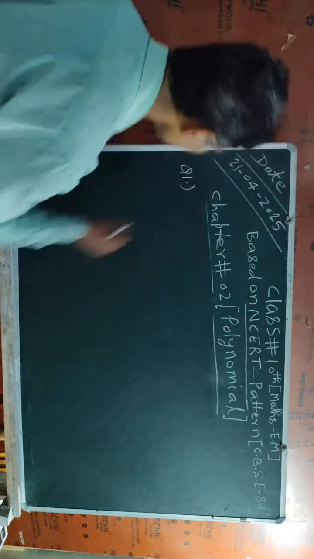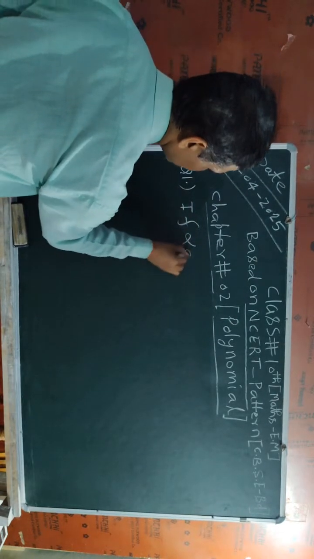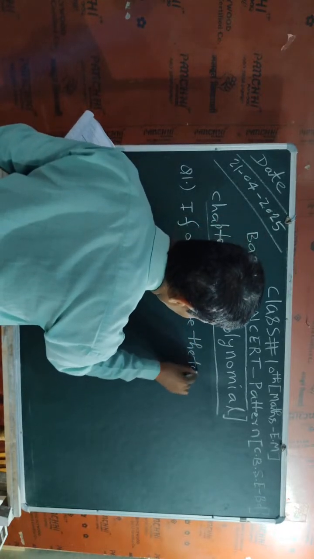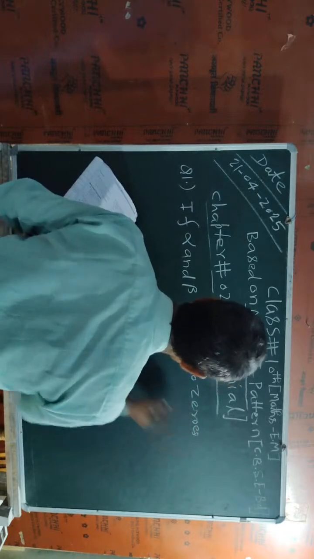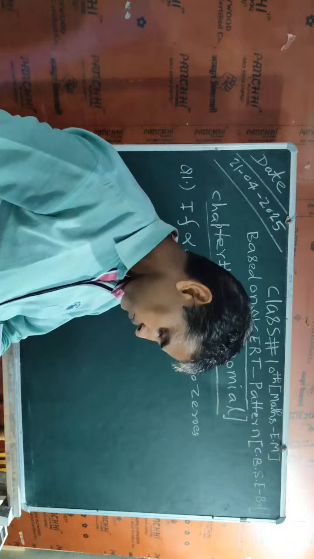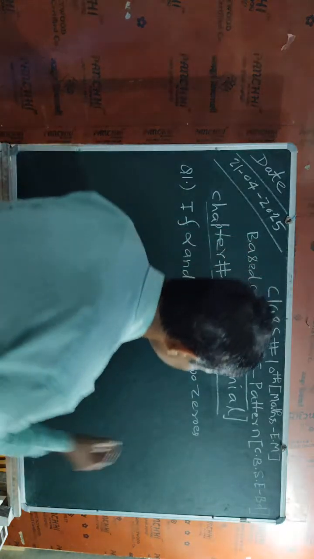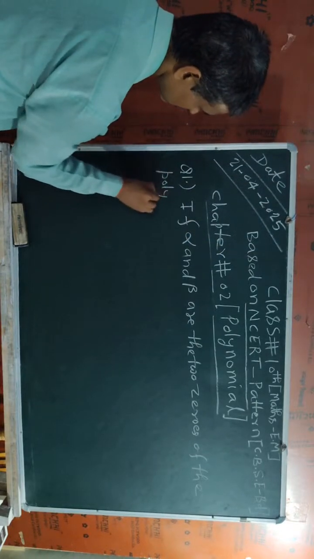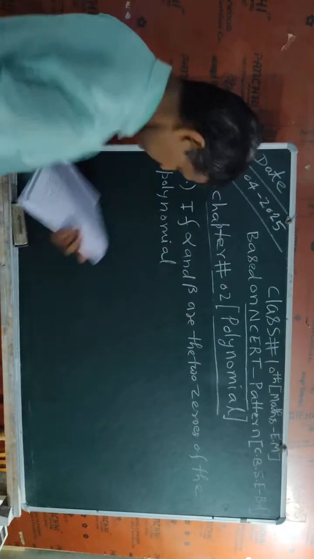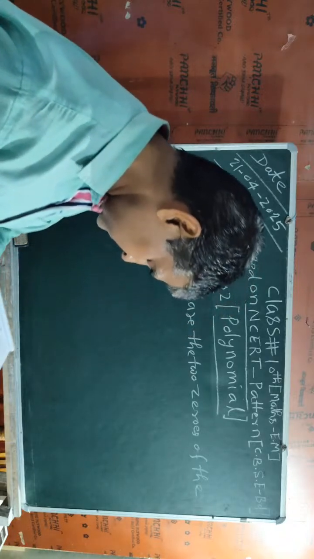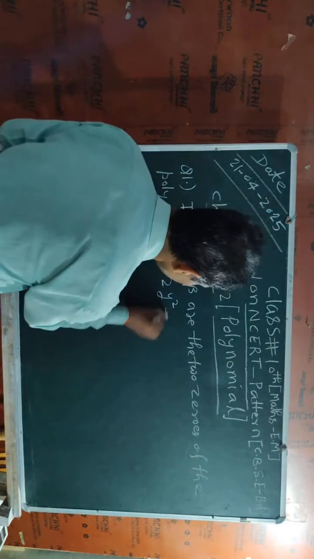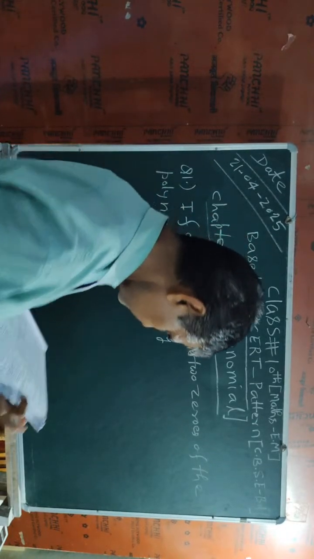Now question number 1 I am saying: if alpha and beta are the two zeros of the polynomial 2y square plus 7y plus 5.